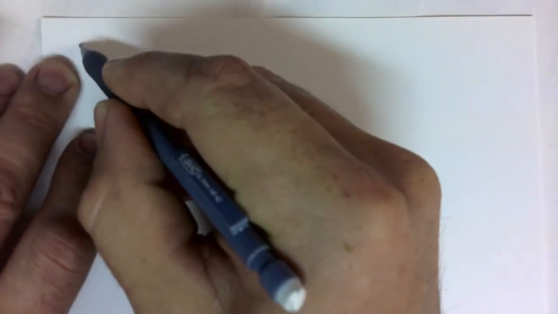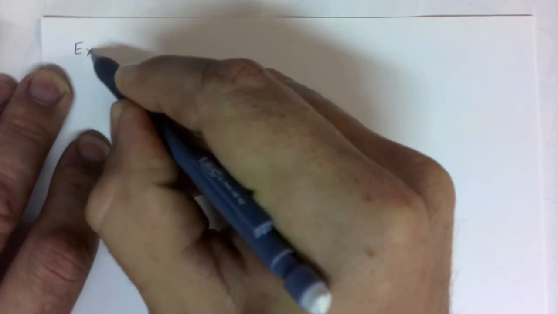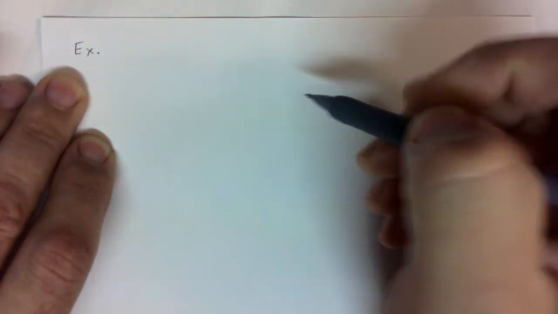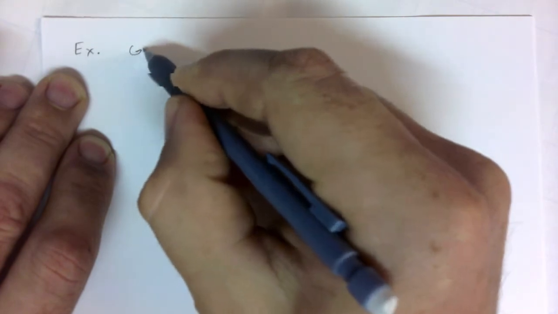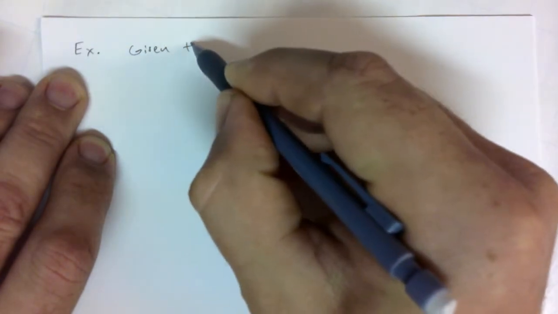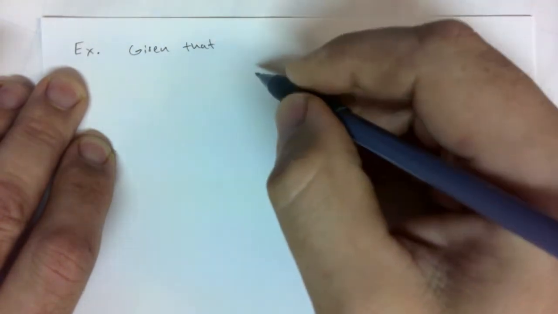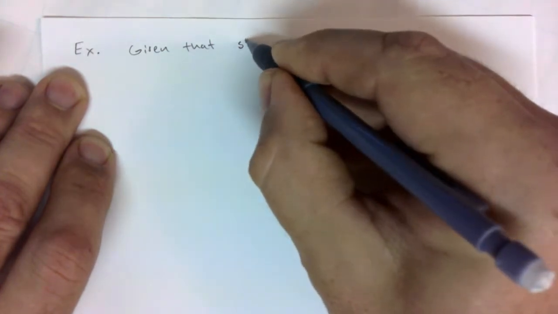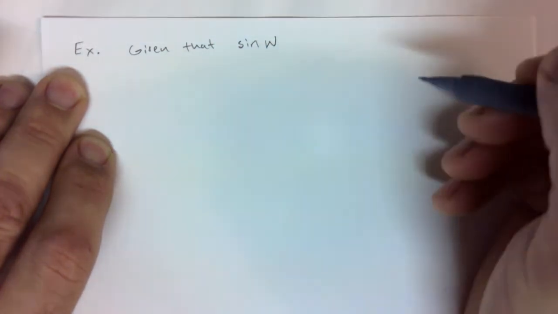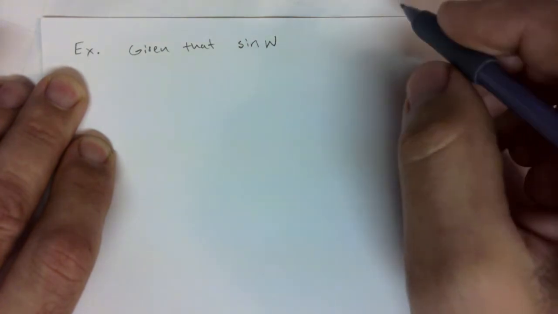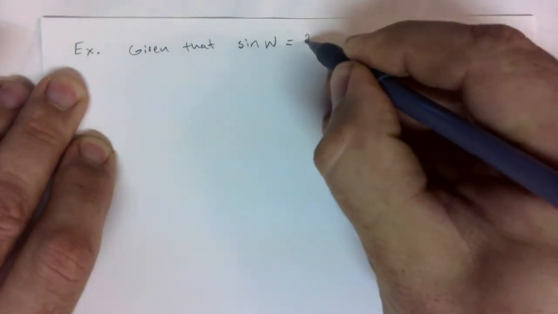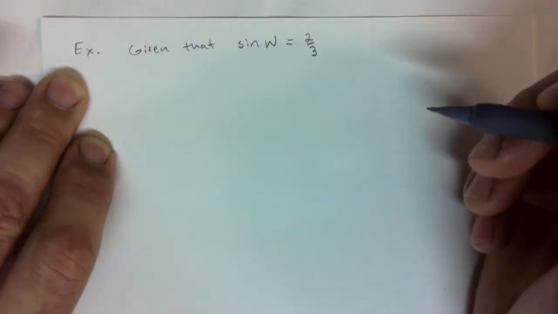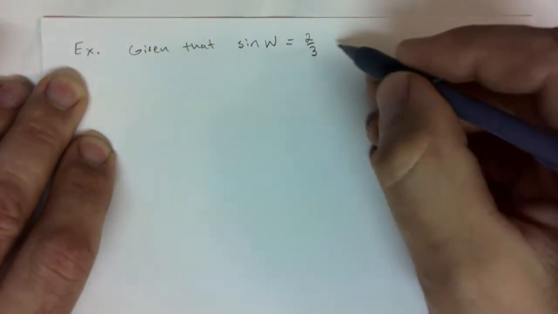I didn't assign any questions like these, but let's say, I'll just call this an example. Let's say you're given that sine of w is equal to 2/3, right?